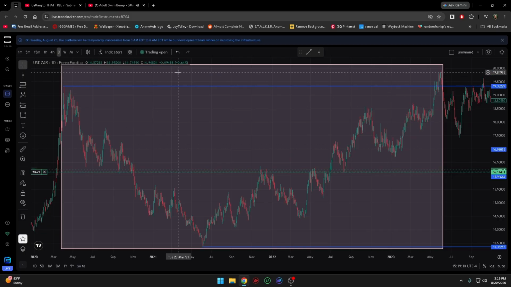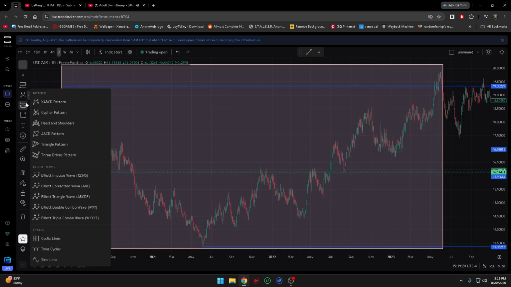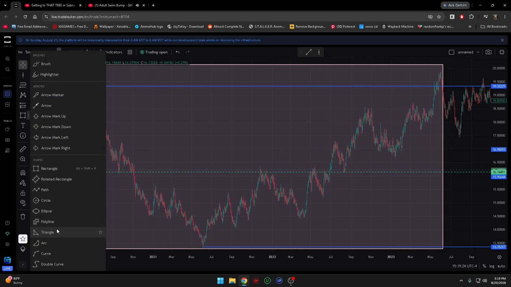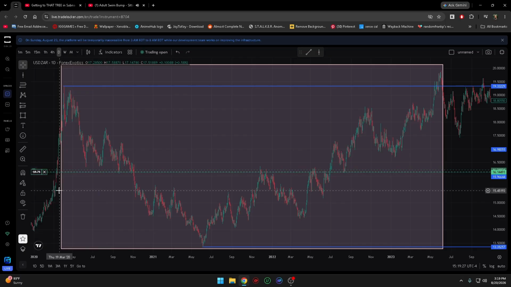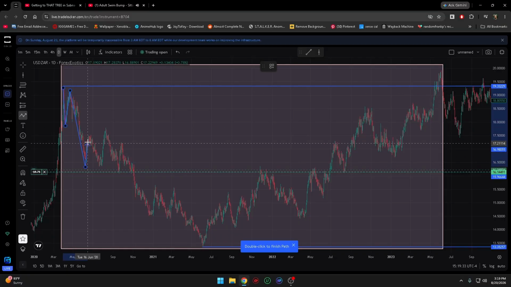Now, if you plot these out, I'm gonna just draw this using this tool right here. I hope it's a drawing tool. Path. I'm gonna path it out, right? Boom, boom, boom, boom, boom, boom.